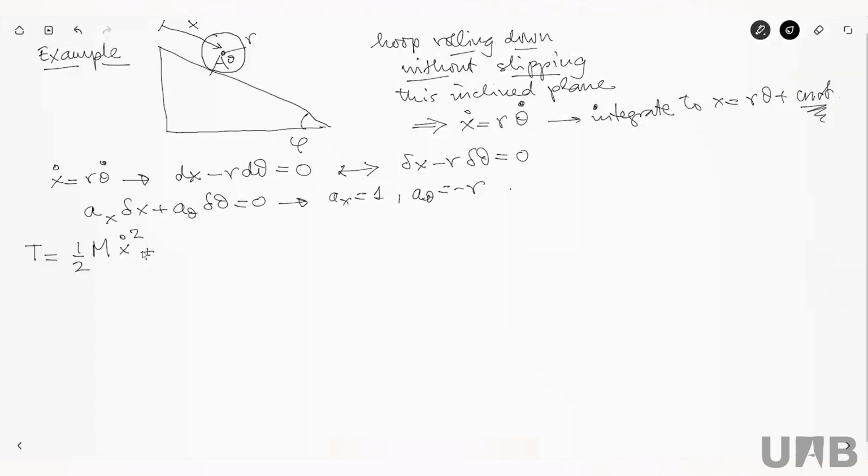Now the fact that the hoop is rolling, is spinning, is turning: 1/2 the moment of inertia, and then the angular velocity squared, which with this angle theta is theta dot squared, right? Now, does anybody remember what the moment of inertia of a hoop is around its center of mass?